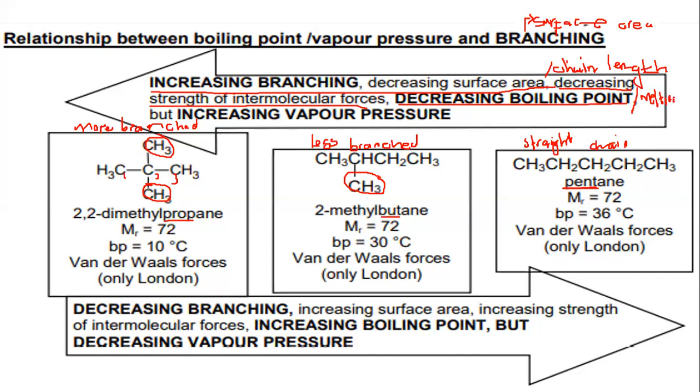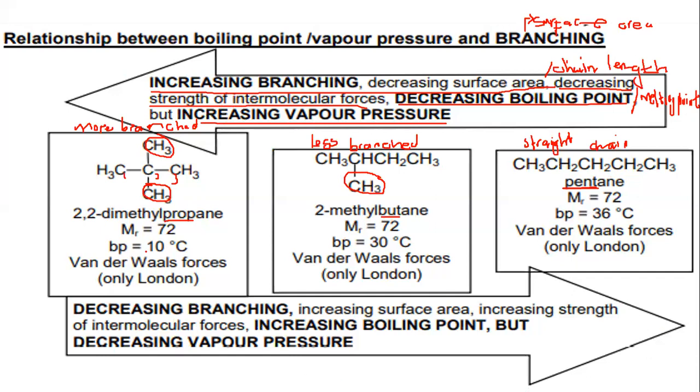Why? Because the weaker the intermolecular forces, the lower the boiling point and the lower the melting point. But then when the intermolecular forces decrease in strength from right to left, then we know the vapor pressure is going to increase. And the vice versa is true.